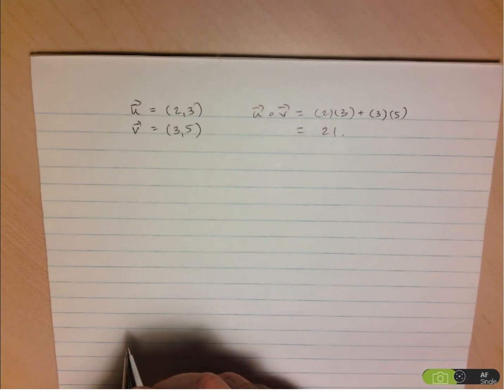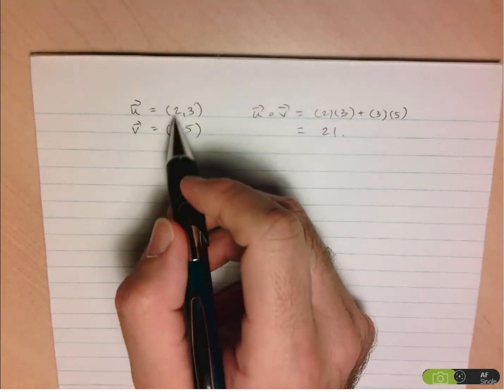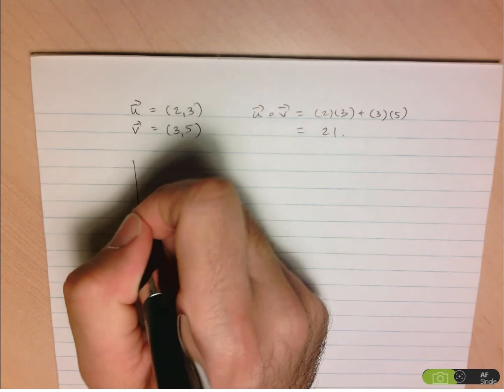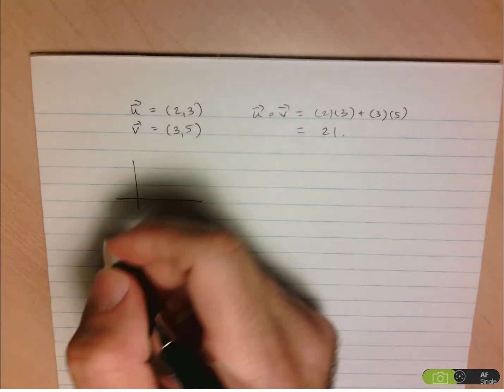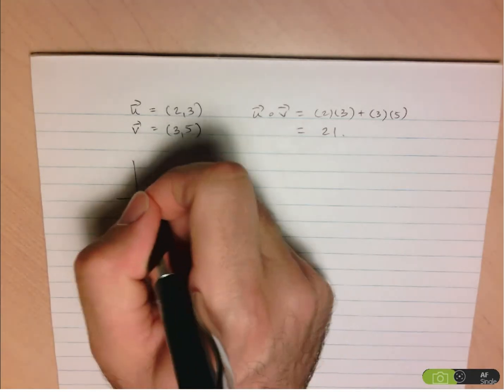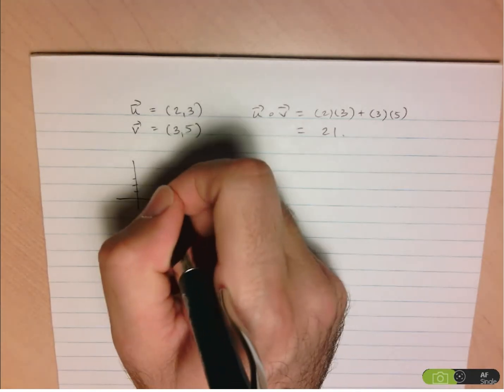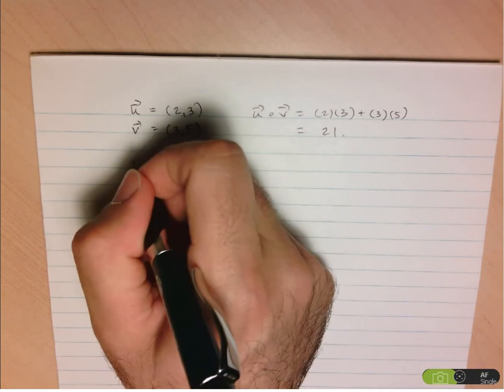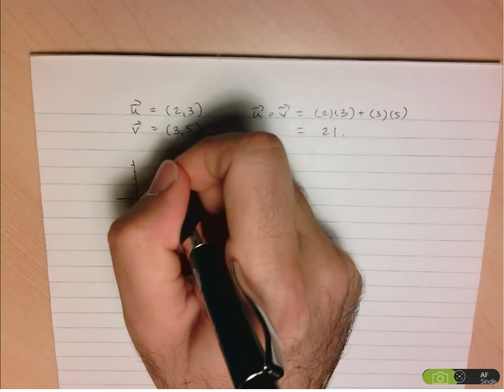Now, of course, the first thing we're going to have to do is figure out the magnitude of each of these, and we're going to have to figure out the angle between them. So let's just draw these on a Cartesian plane. Here we've got (2, 3), so there's one vector, and then we've got the vector (3, 5) up here.